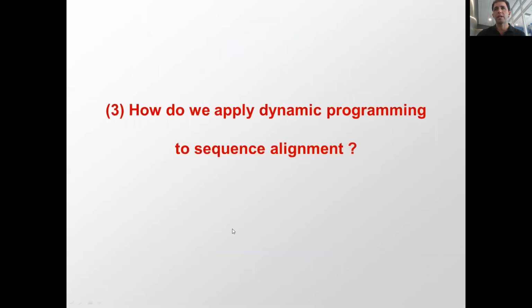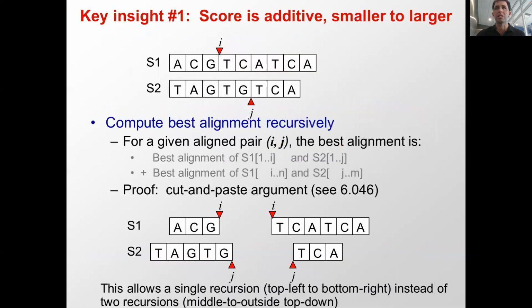So how do we apply dynamic programming to sequence alignment? The key insight here is that the score is actually additive, and you can express larger problems as functions of smaller problems. So if I have an alignment of the sequence S1 and the sequence S2, part of that larger problem of aligning the entire sequences is actually aligning the prefixes of S1 to the prefixes of S2.